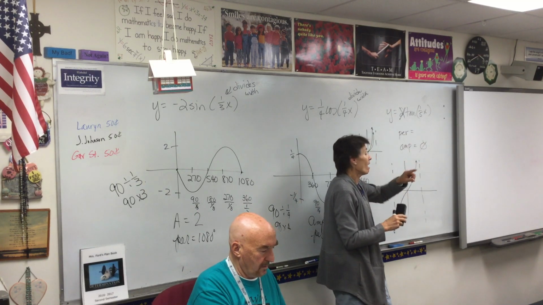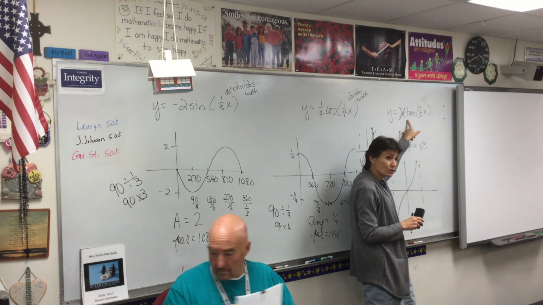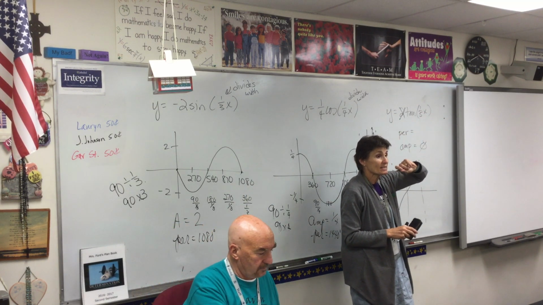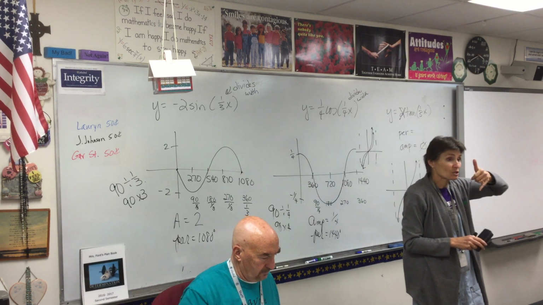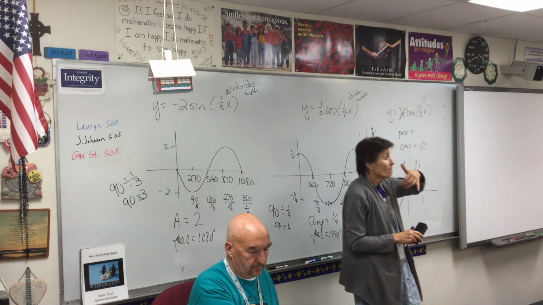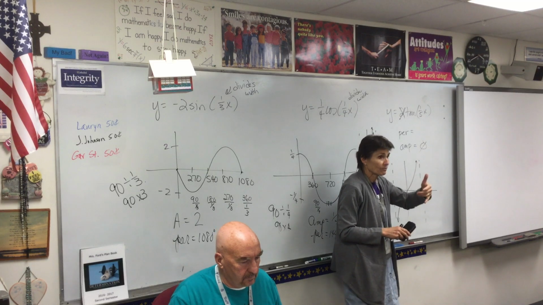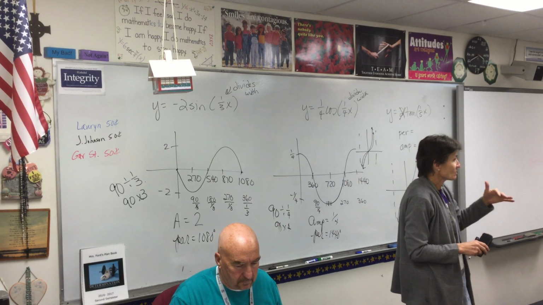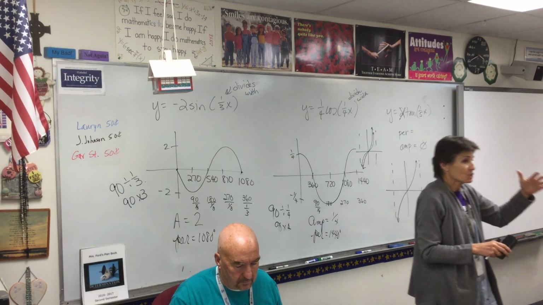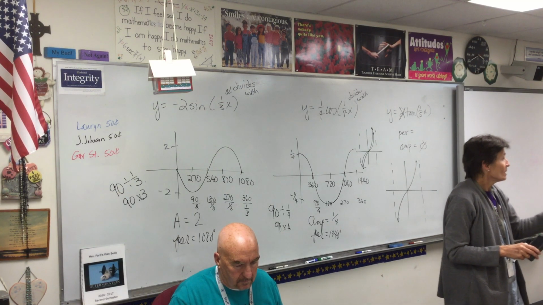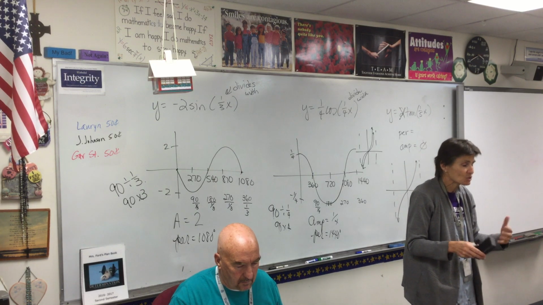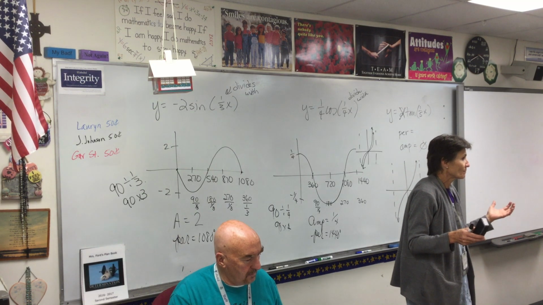The only time that number is going to matter to you is if it is negative, because then it's going to turn the picture upside down. But the number itself is irrelevant. It changes the curvature, but since we're just drawing a quick sketch and not plotting any points, that doesn't matter to us.